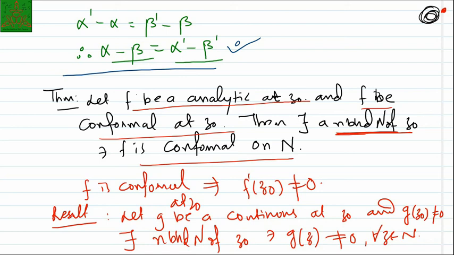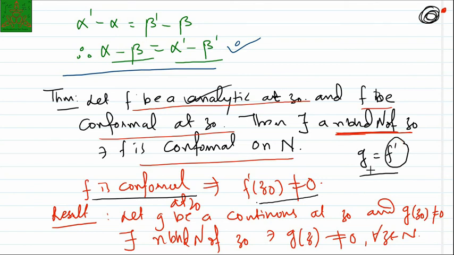Now due to this result, what we can say is that f is conformal, which implies that f dash of z is non-zero. If you apply this just by replacing g by f dash, you will get our result, because if f is analytic, then its derivative is continuous.